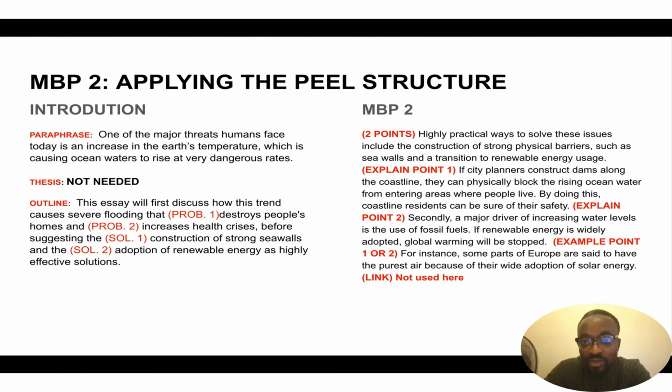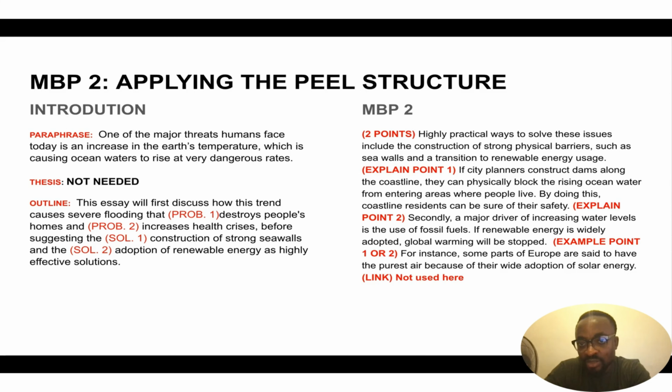Highly practical ways to solve these issues include the construction of strong physical barriers, such as seawalls, and a transition to renewable energy usage. You can see this is a simple sentence, and in that single sentence, we've been able to capture both solutions we offered in the outline portion of our introduction, which is what we have here on the left. How do we now explain each of those points?